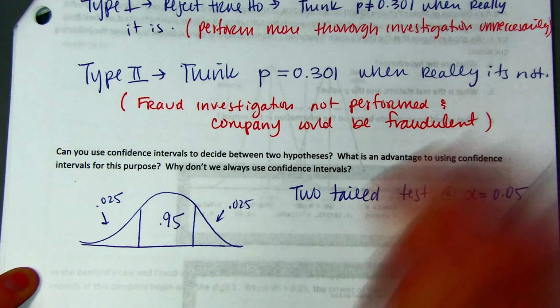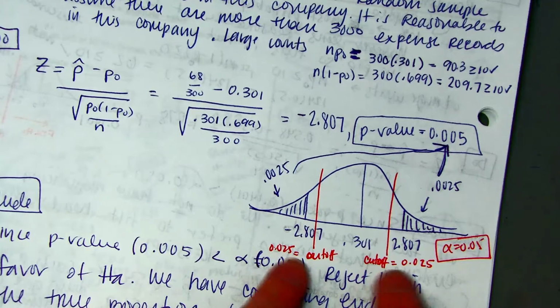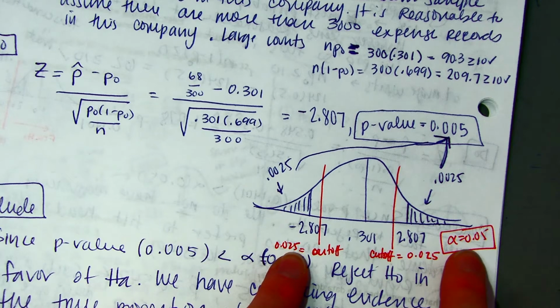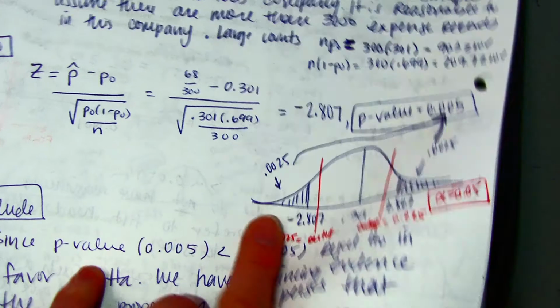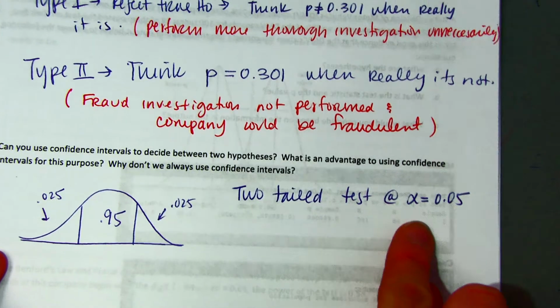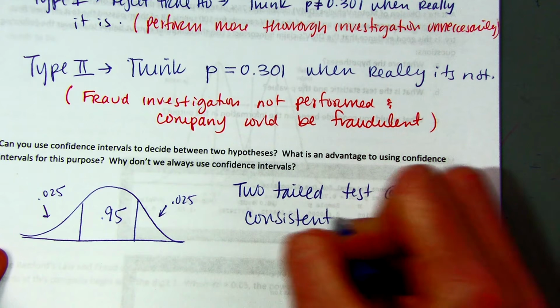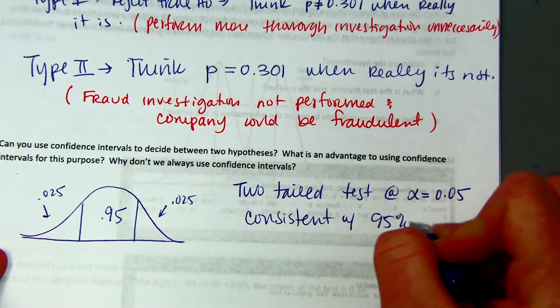We just saw this cutoff of 0.025 with an alpha level of 0.05 with a two-tailed test. If you have a two-tailed test at an alpha value of 0.05, this is consistent with a 95% confidence interval.